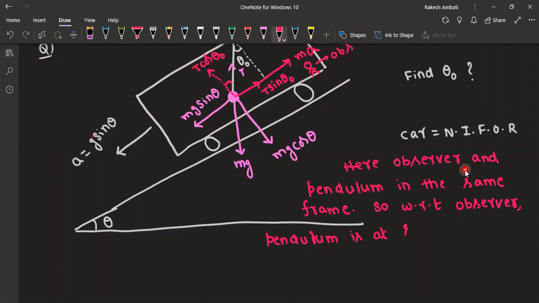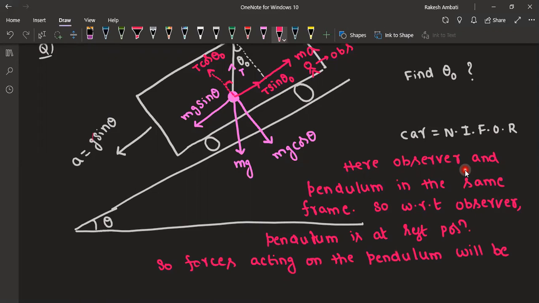So the forces acting on the pendulum will be balanced.